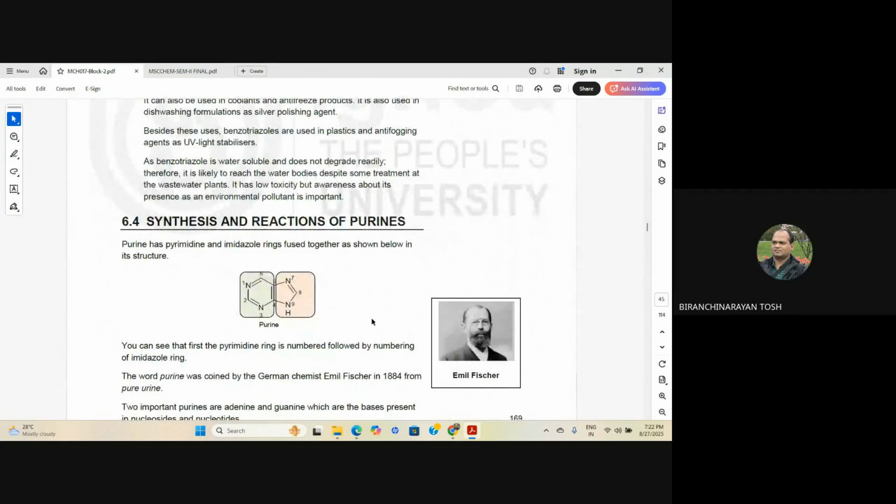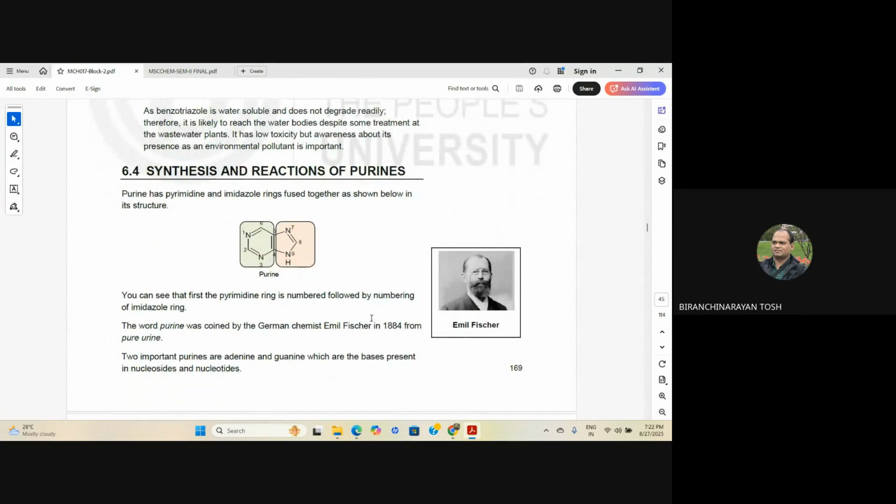Now moving towards the purine. You can see the structure containing four nitrogen atoms, a six-membered and a five-membered ring. The word purine was coined by German chemist Emil Fischer in 1884 from pure urine. Two important purines are adenine and guanine, which are the bases present in nucleosides and nucleotides.